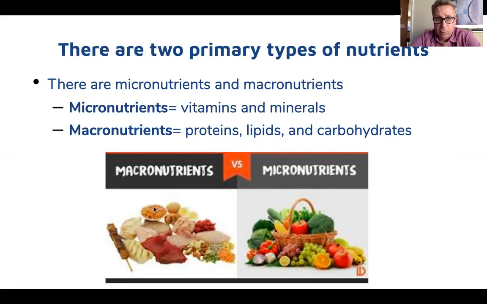And then the micronutrients are, in a sense, supplemental. So for instance, vitamins, and you hear about vitamin D, the ability to convert that calcium into bone strength. Vitamin C and all these different types, K and E and all these different vitamins and minerals.